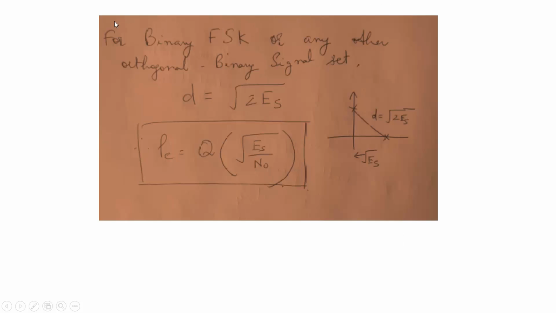But if you take any binary modulation scheme, either binary frequency shift keying or any other orthogonal binary signal set, that means the 2 points will be orthogonal to each other. So what is the distance between the 2 points? The distance between the 2 points will be d equal to under root of 2Es.